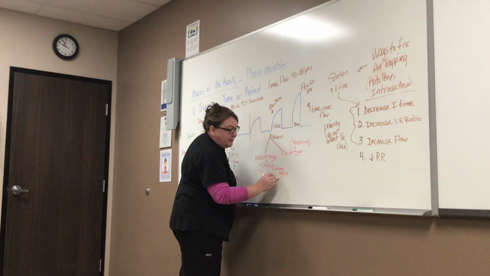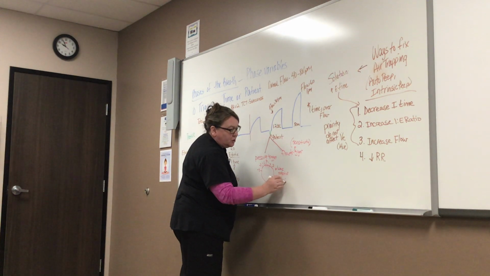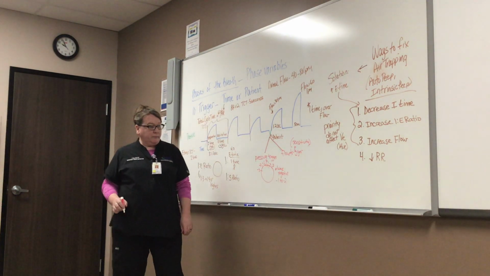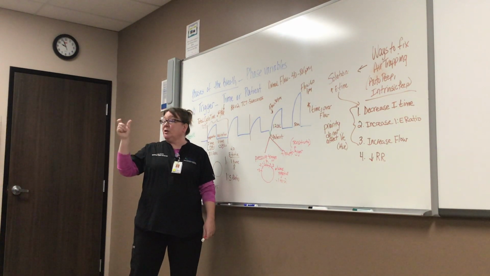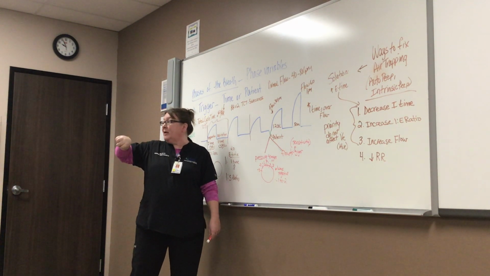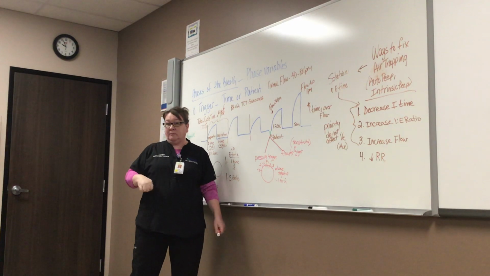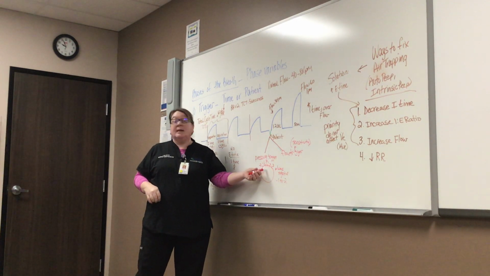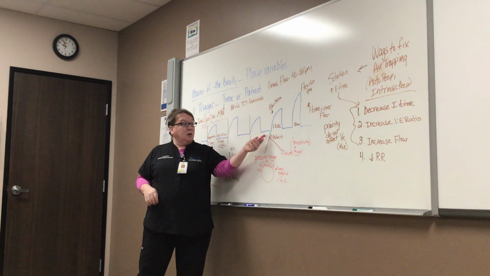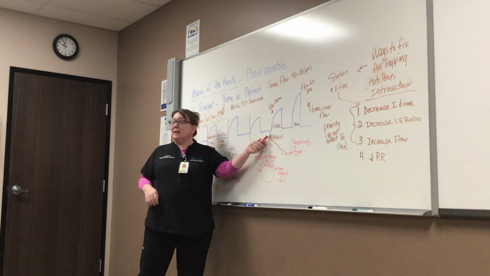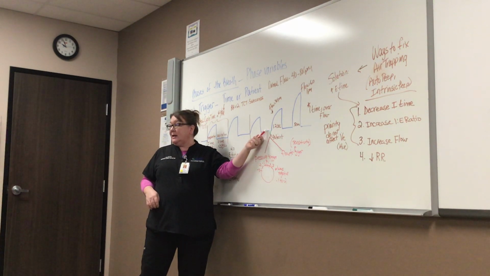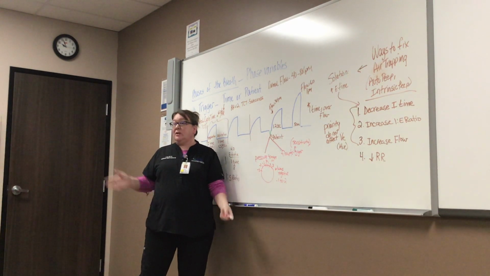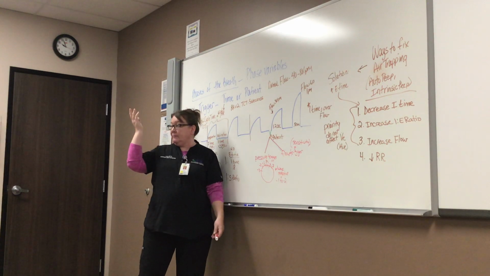And the normal is -1 to -2. So if you see your sensitivity or your patient trigger and you see a negative number, then you know it's pressure. And by setting -1 or -2, we're telling the ventilator when you sense a drop in pressure of -1, if that's where it's set, or -2, if that's where it's set, that means the patient's trying to take a breath, so go ahead and give them one.